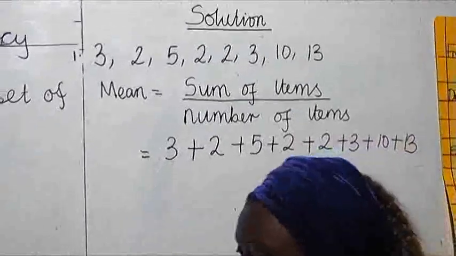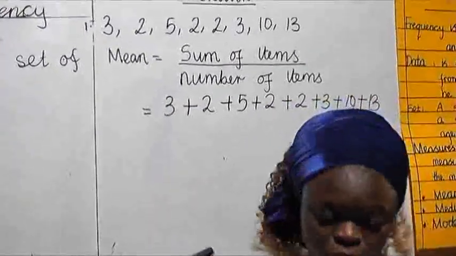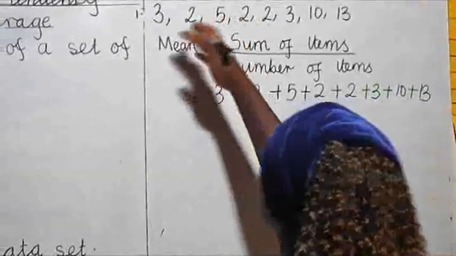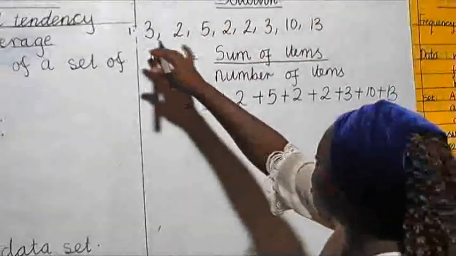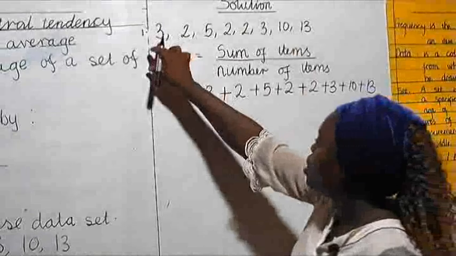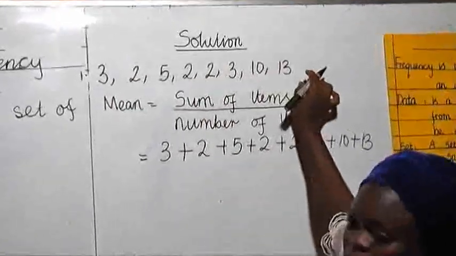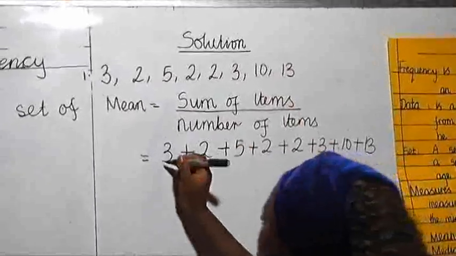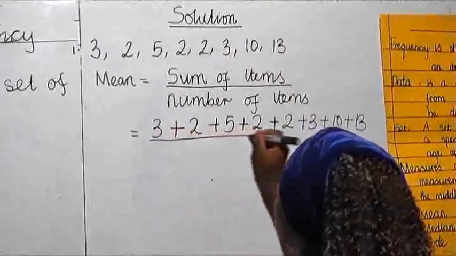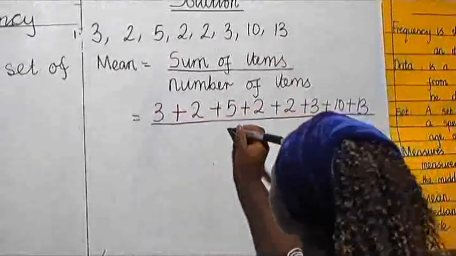When we find the sum of all these numbers, we divide by how many items I find in this data. 1, 2, 3, 4, 5, 6, 7, 8. There are 8 items. So divide by 8.